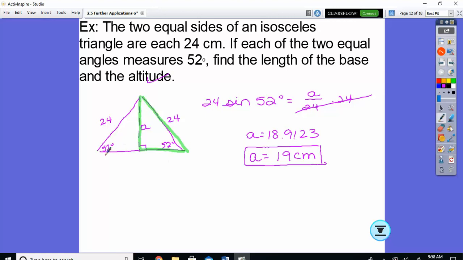The base is this entire thing. But what we could do is find the base in this little triangle and then do what with it? Multiply it by 2 to get the whole thing. So if I want my B, that's adjacent, 24 is hypotenuse, so we could do cosine of 52 equals adjacent B over hypotenuse 24.